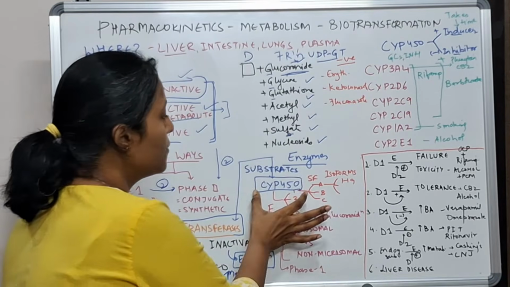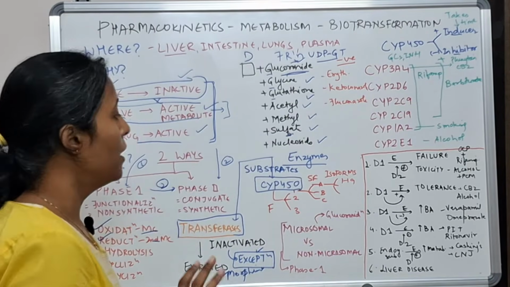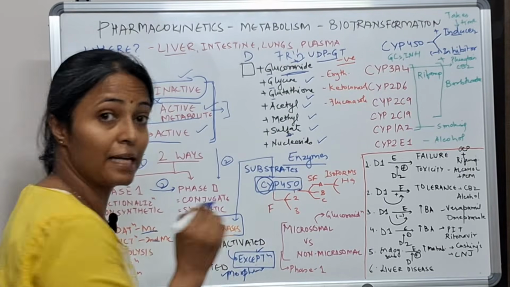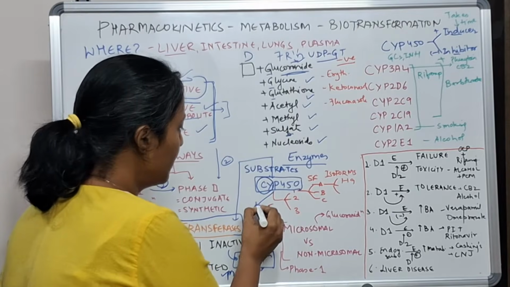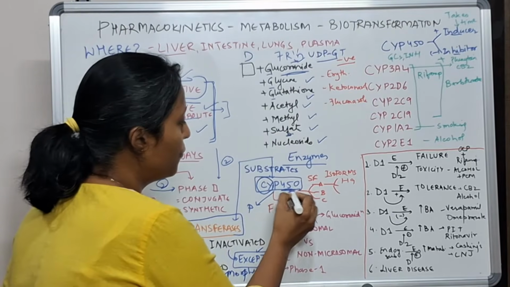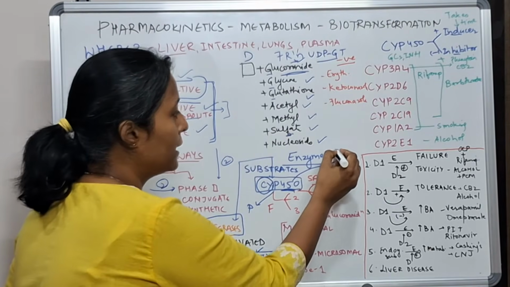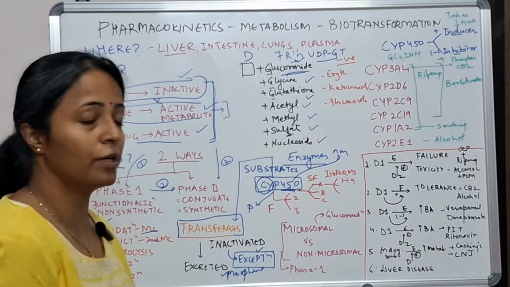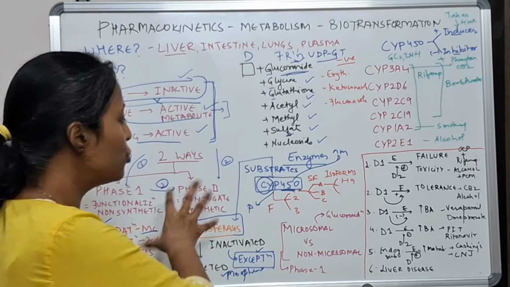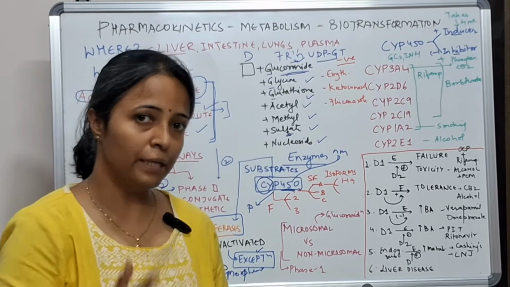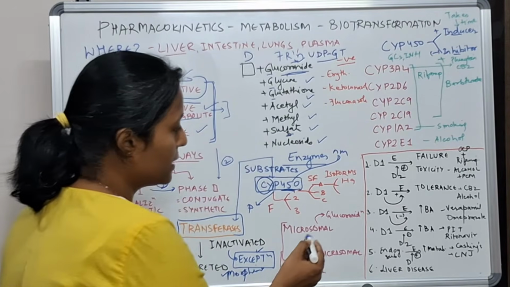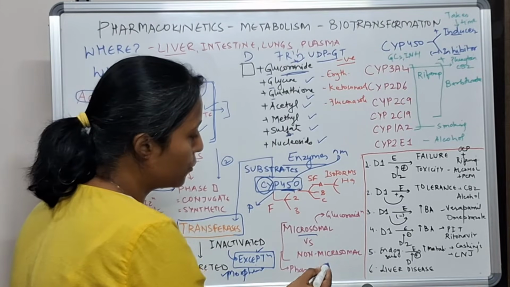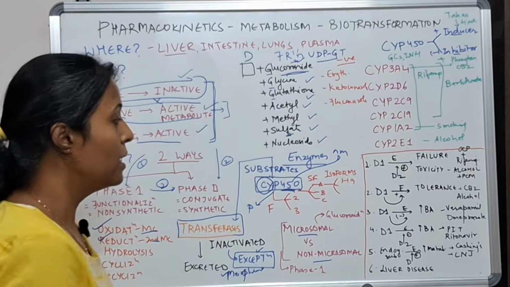So what is this CYP450 enzyme? Well, CY means cytochrome, P is for pigment, and 450 is the wavelength of the light in nanometers. Actually, these enzymes are of different types. Some enzymes can be microsomal and non-microsomal.